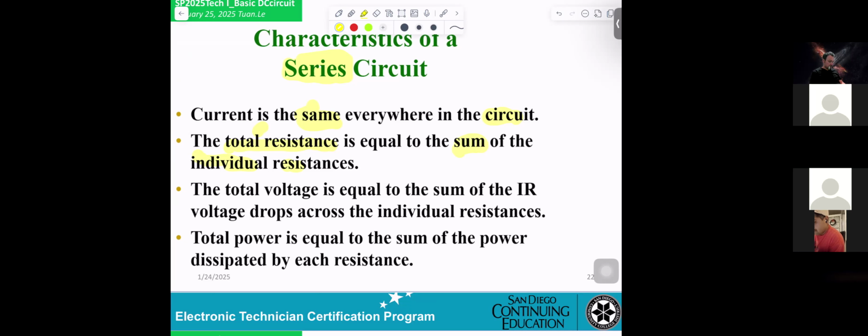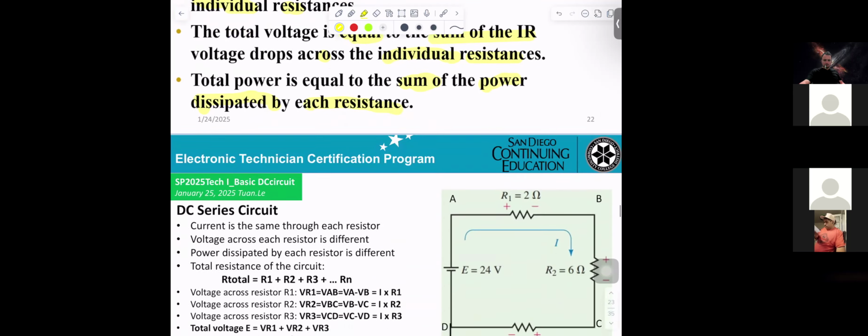The total voltage is equal to the sum of the IR voltage drops across the individual resistances, and the total power is equal to the sum of the power dissipated by each resistance. That summarizes everything for the series circuit.